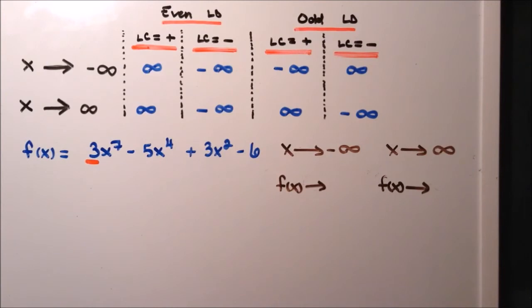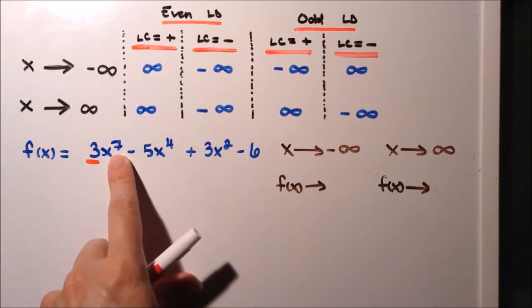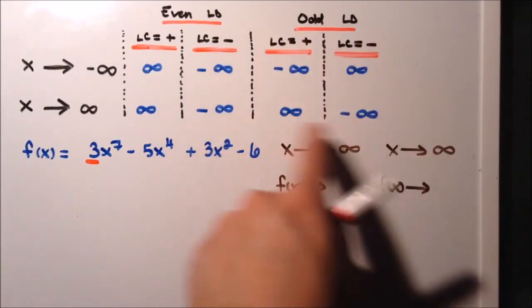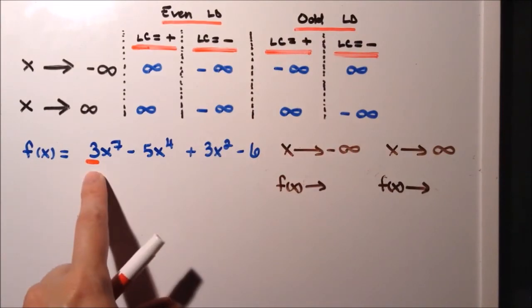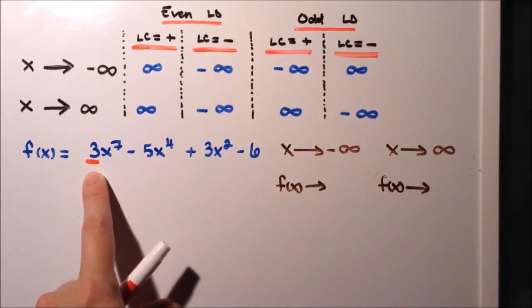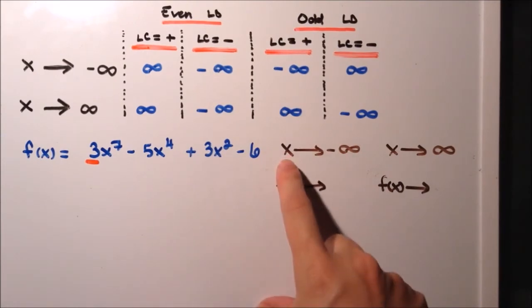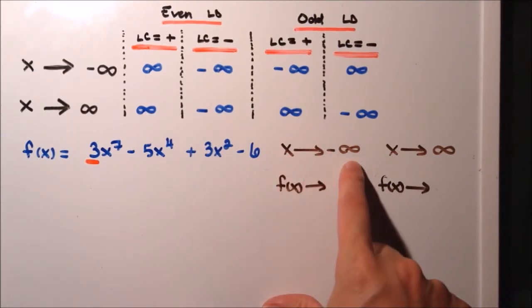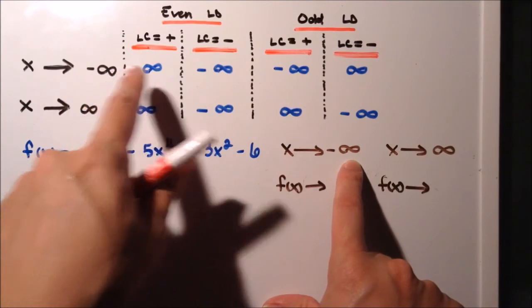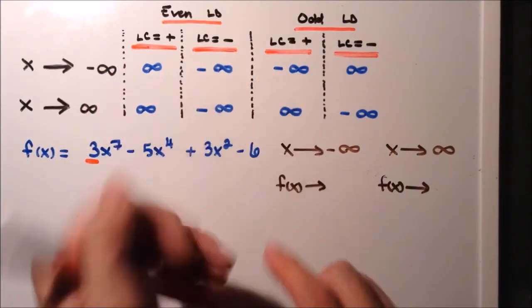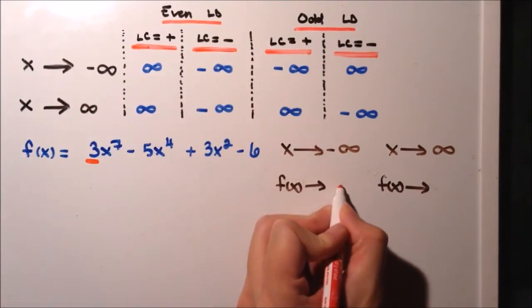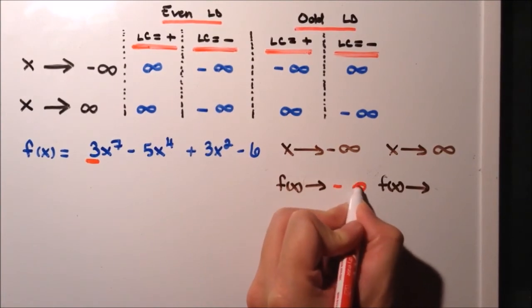Since the highest exponent, the leading degree, is odd, we're going to focus on this side. Since the leading coefficient is positive, we're going to look at this. So as x approaches negative infinity, the left side, f of x should approach negative infinity. So I'm going to write negative infinity here.